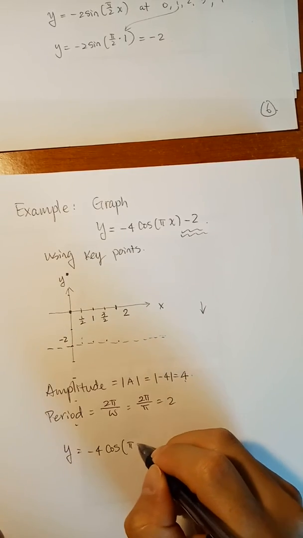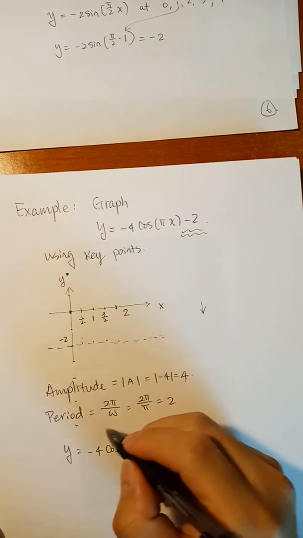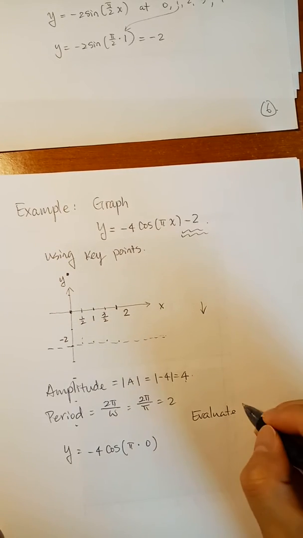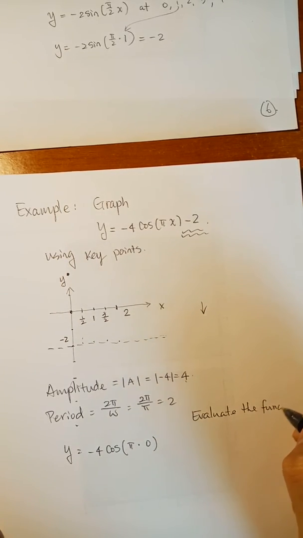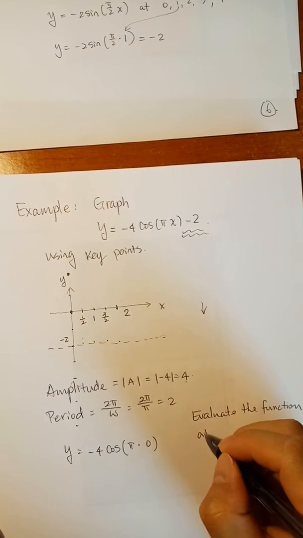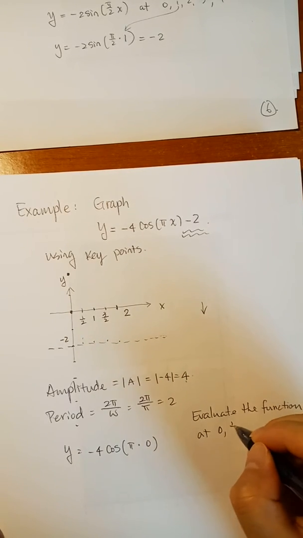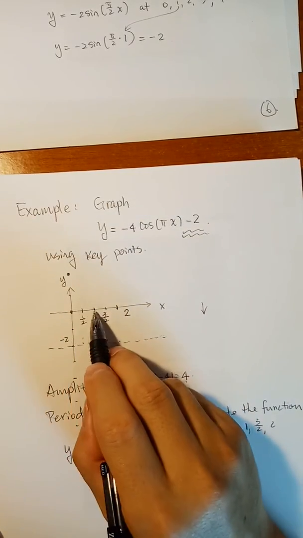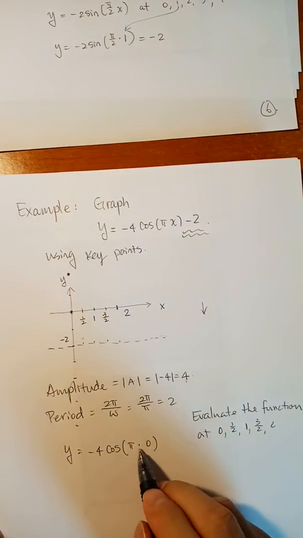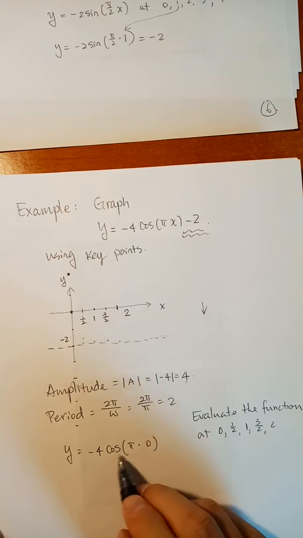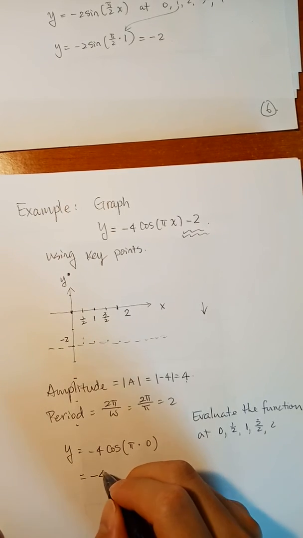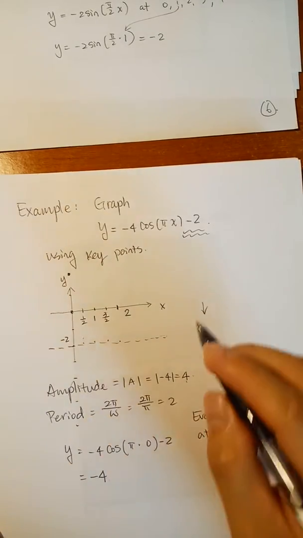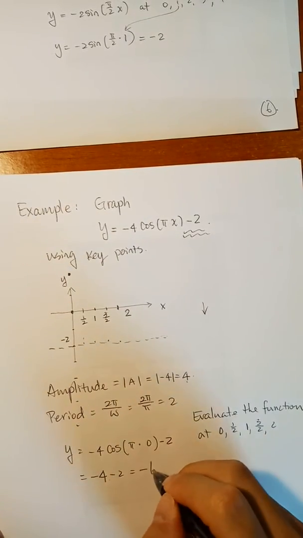Let's do the computation. We evaluate at those 5 points. So at 0, pi times 0 is 0, cosine 0 is 1, so it's -4. Then -2, so -6.